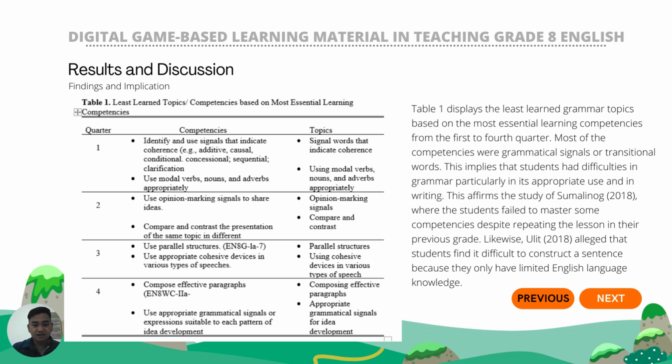This implies that the students had difficulty in grammar, particularly in its appropriate use and in writing. This affirms the study of Sumalinog in 2018, where the students failed to master some competencies despite the repetition of the lessons in their previous grade. Likewise, another study alleged that the students find it difficult to construct a sentence because they only have limited English language knowledge.